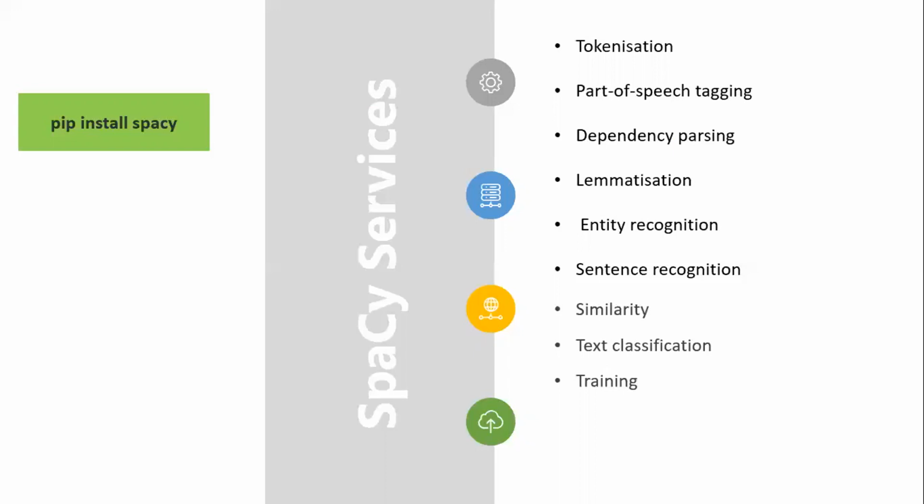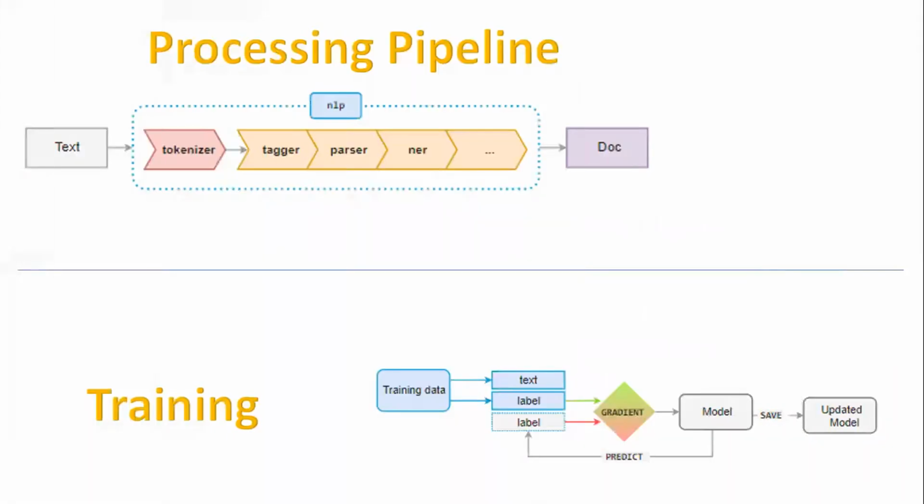Training, updating and improving a statistical model's predictions comes under training. Processing pipeline. When you call NLP on a text, spaCy first tokenizes the text to produce a doc object. The doc is then processed in several different steps. This is also known as the processing pipeline.